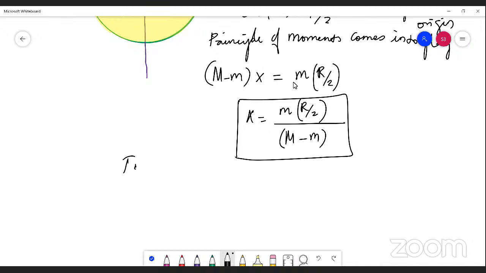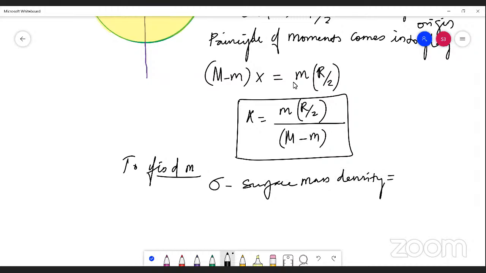To find small m, we are going to introduce the idea that sigma is the surface mass density, which is mass per unit area.